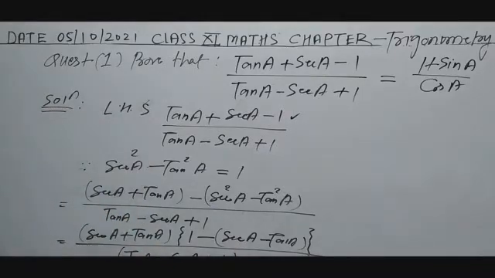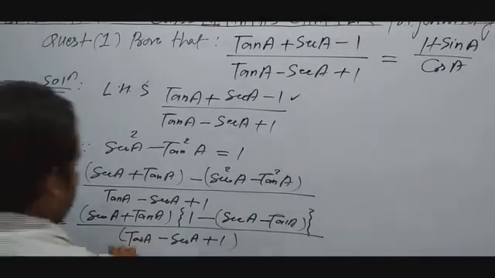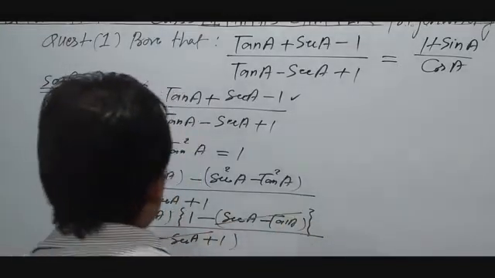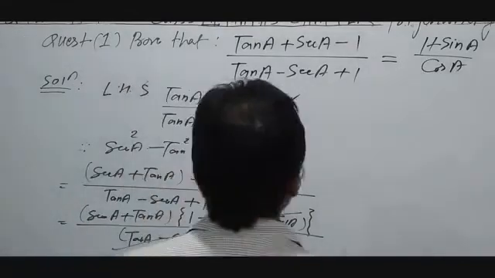Now this one will cancel out, because 1 plus tan a minus sec a will cancel out from the denominator. So what will be the result? This term will cancel out.